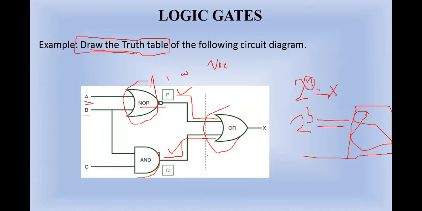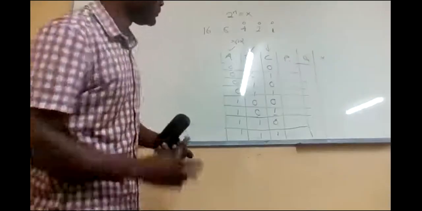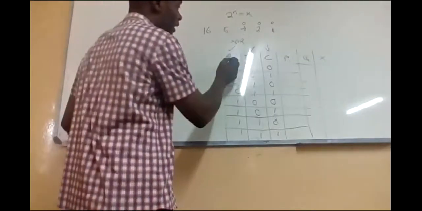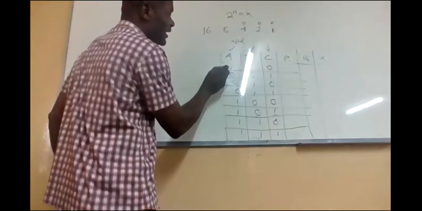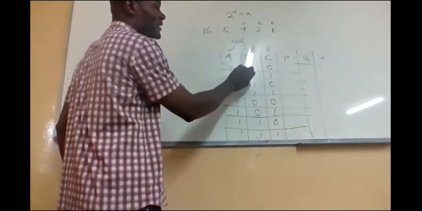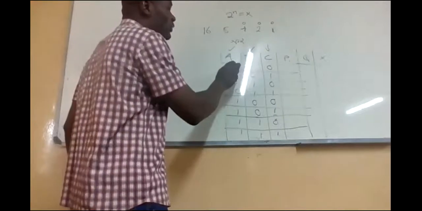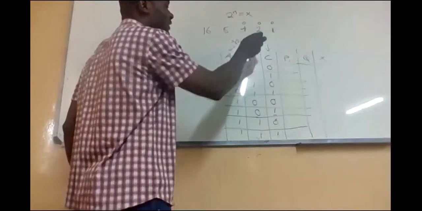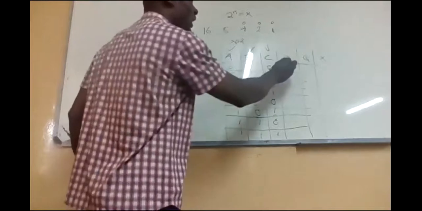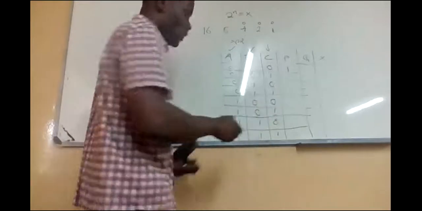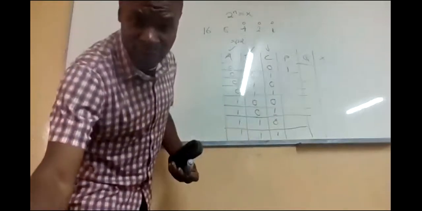So what we are going to do now is this. A and B, we know that here A is 0 and there A is 0. And we've discovered that when both of the inputs are zeros in a NOR gate, it produces what we call a 1, according to this scenario.